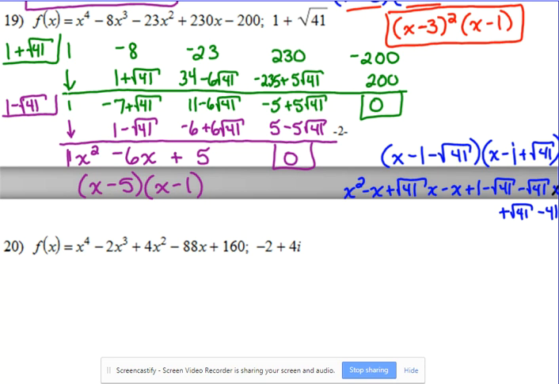So what cancels? Square root of 41, square root of 41x. So we've got x squared minus 2x. And 1 minus 41 is negative 40.